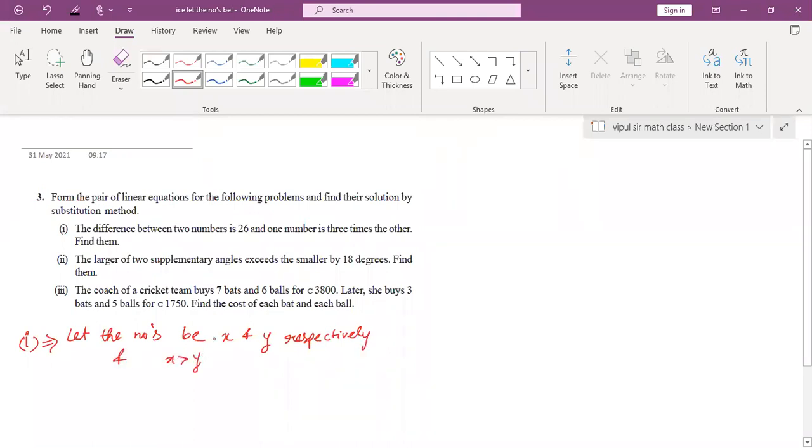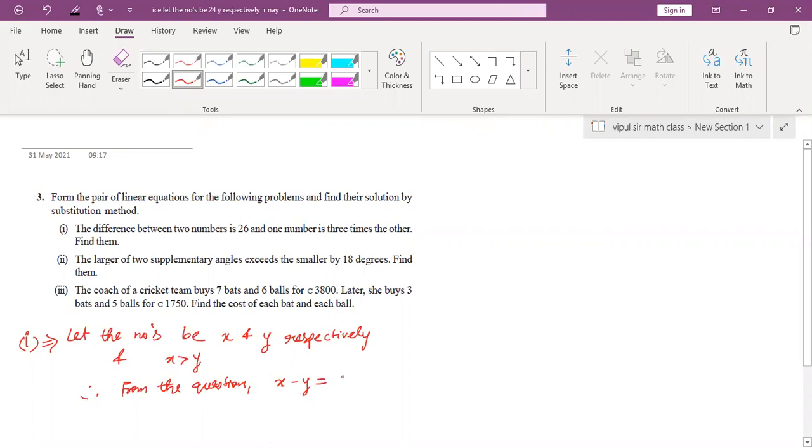I have taken x is greater than y. If you want to take y is greater than x, it's your choice. So from the question we have the first equation. Difference, so x minus y. X minus y is equal to what?